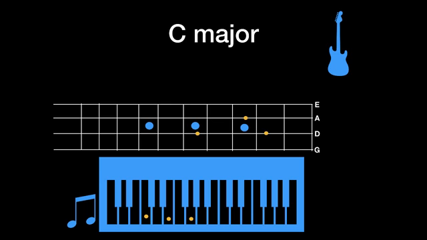That works out to be three half steps, and that's a little easier to see on the bass. On the D string, you have that dot on the second fret, and then if you count up three half steps, and each fret is a half step, that is going to be your minor third. So the way you would say it is a major chord is built up by a major third and then a minor third after that.